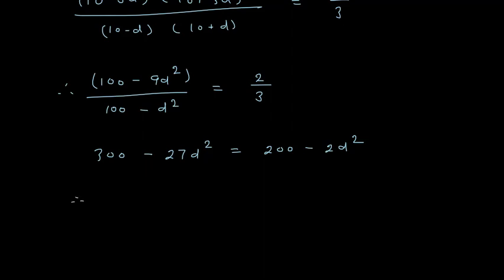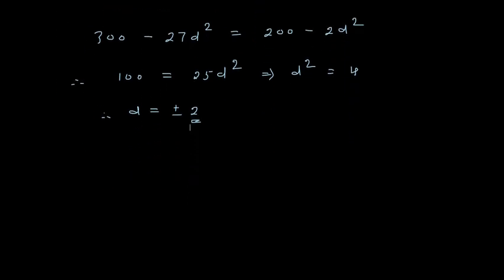So we have 100 is equal to 25d square, and this gives d square is equal to 4. Therefore d is plus or minus 2. So we can take d as plus 2 or as minus 2.